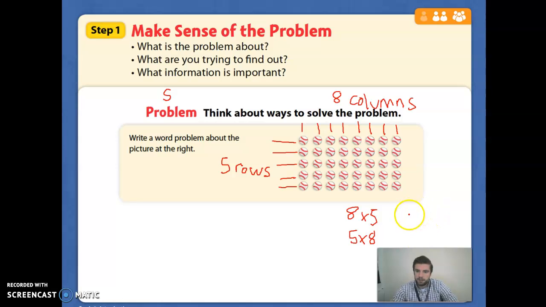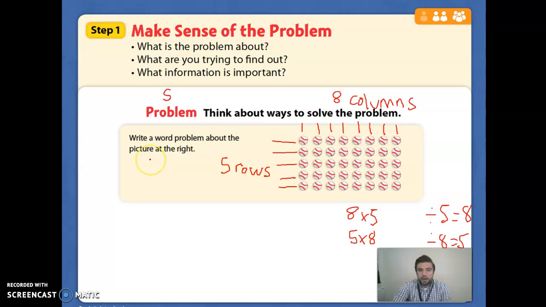It could be something divided by 5 equals 8. Or it could be something divided by 8 equals 5. And if it's confusing to you where I got that, those are basically our multiplication and division fact family for the numbers 5 and 8.